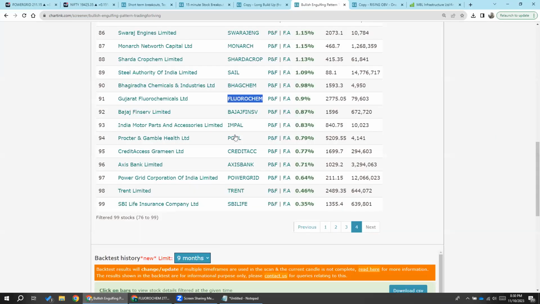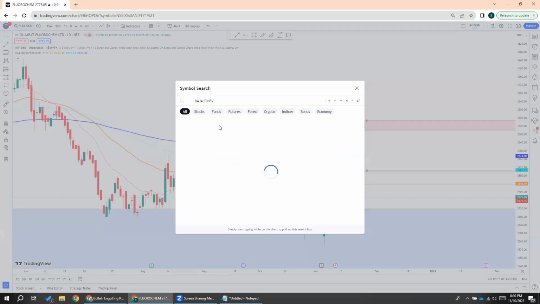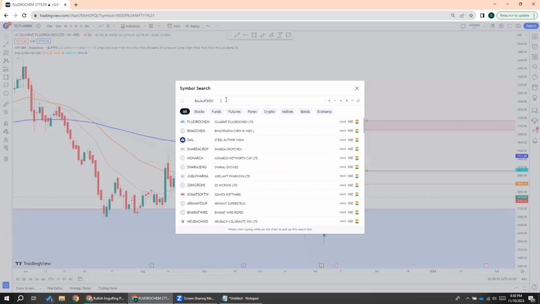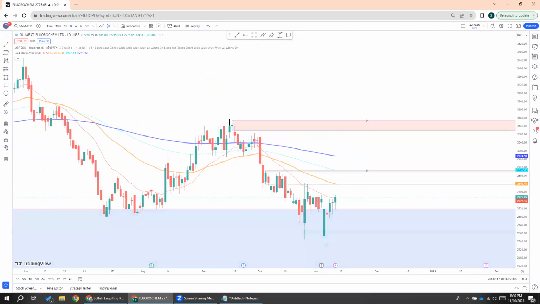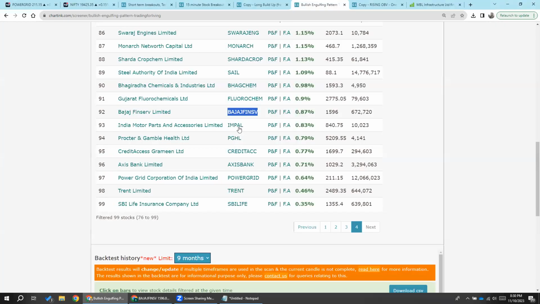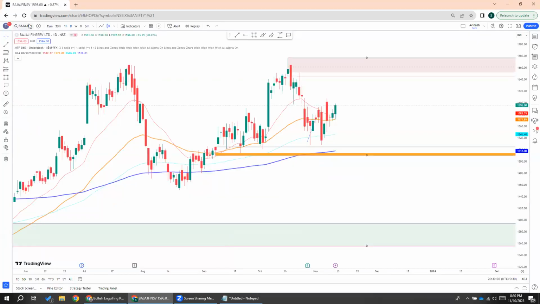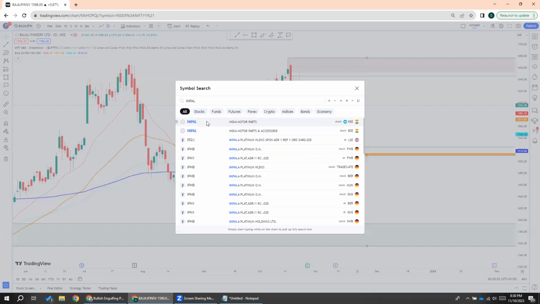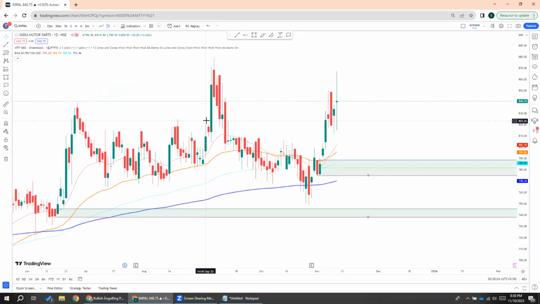Let's move ahead. Bajaj Fins. Okay, not a great pattern. Impal. Okay.